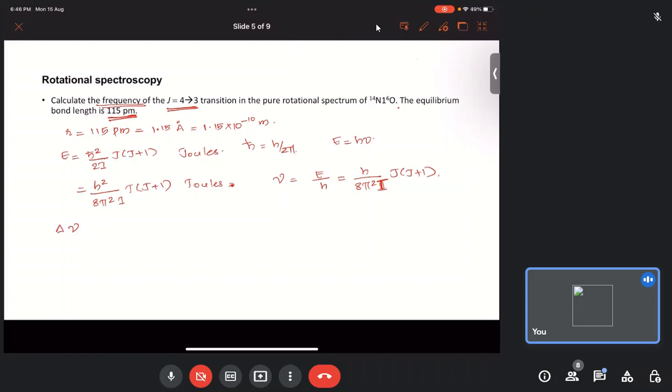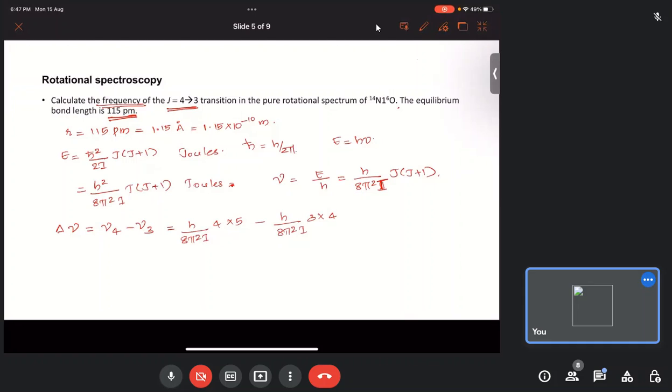We have to find delta nu, which is nu 4 minus nu 3. So nu 4 is going to be h by 8 pi square I into 4 into 5, minus h by 8 pi square I into 3 into 4.